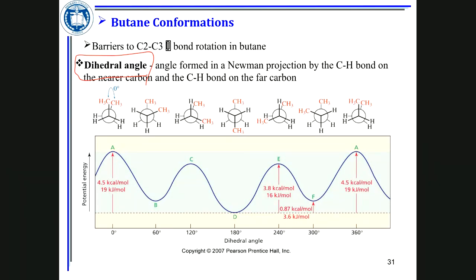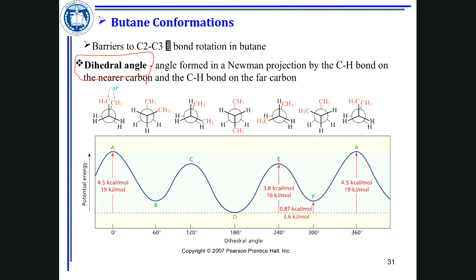What would be the angle now? What's the angle between these two lines? The dihedral angle now is 180. If you take these two lines together, it's like you are holding the two lines like this.